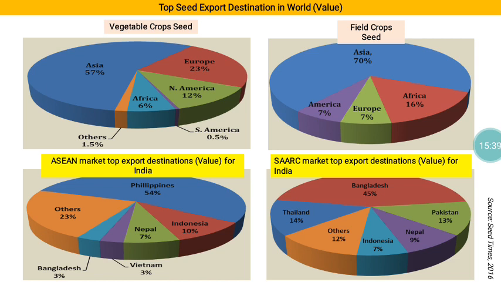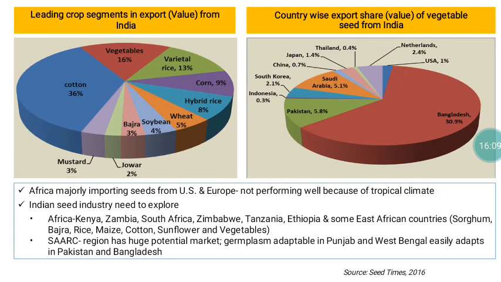Among the SAARC countries, Bangladesh is the topmost export destination for India. We already discussed in the first class why we are exporting our material only to Bangladesh and the Philippines, and why we are not able to export to temperate countries like Europe and America, and also how we can improve export potential. This is the leading crop segment export from India.